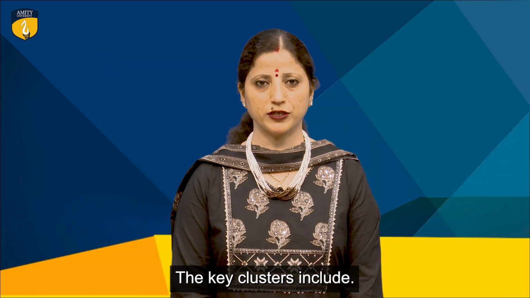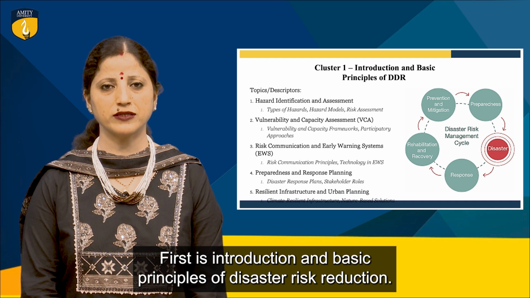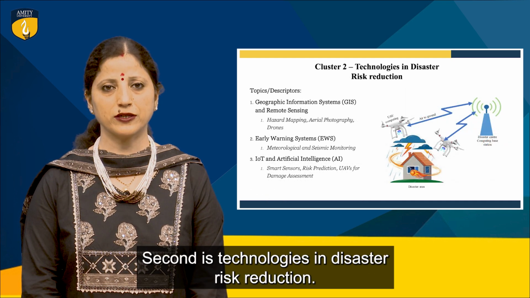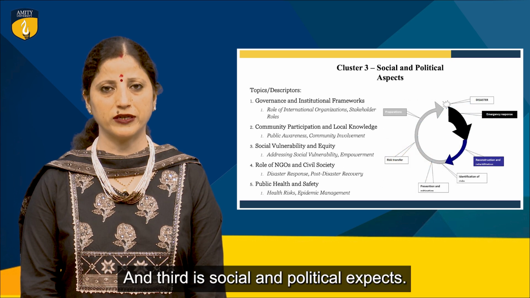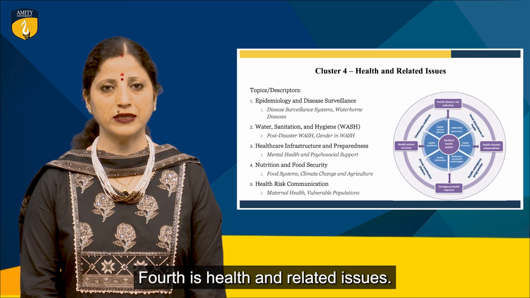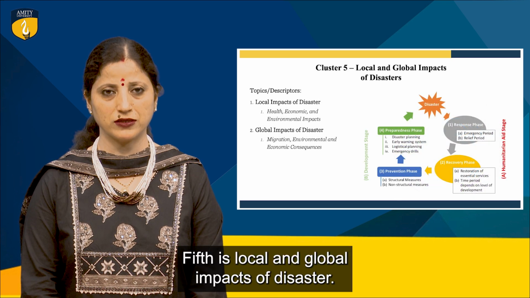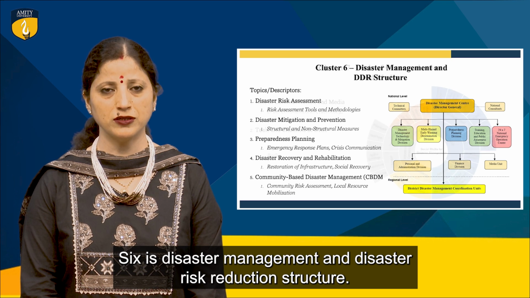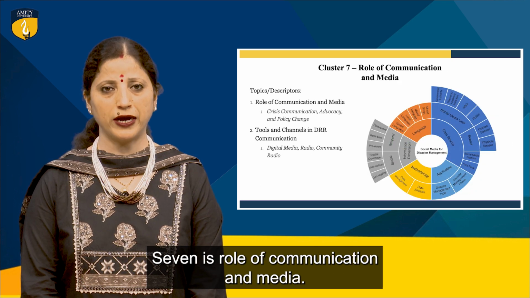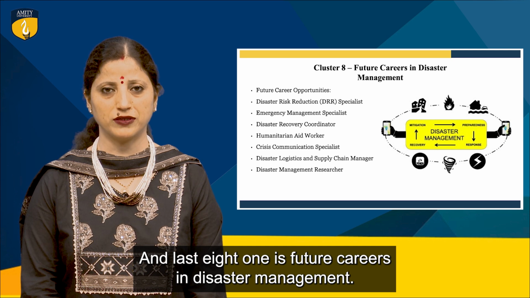The key clusters include: first is Introduction and Basic Principles of Disaster Risk Reduction, second is Technologies in Disaster Risk Reduction, third is Social and Political Aspects, fourth is Health and Related Issues, fifth is Local and Global Impacts of Disaster, sixth is Disaster Management and Disaster Risk Reduction Structure, seventh is Role of Communication and Media, and last, the eighth one is Future Careers in Disaster Management.